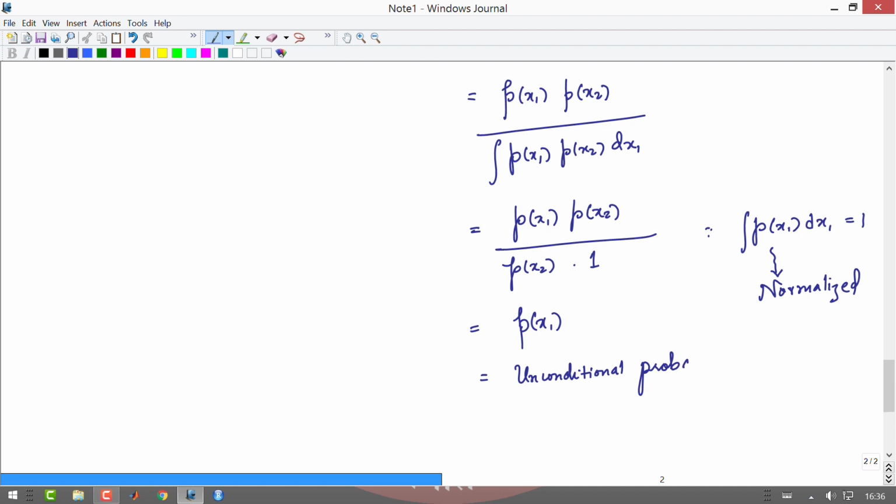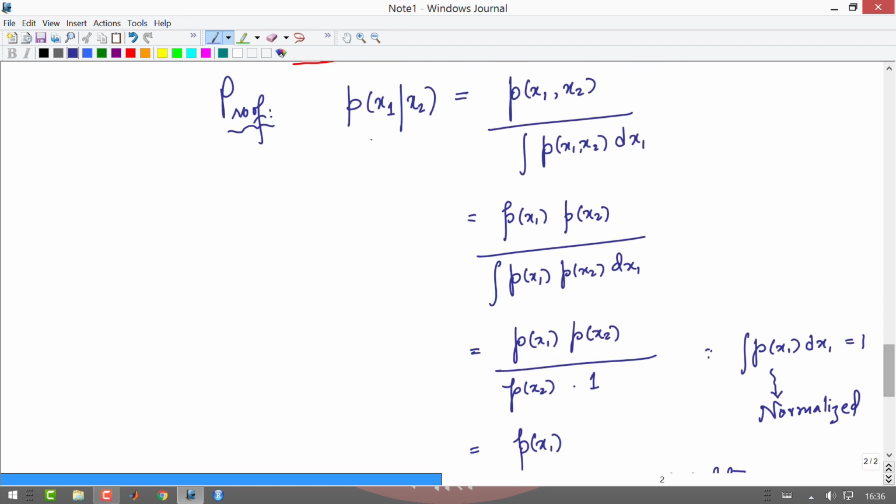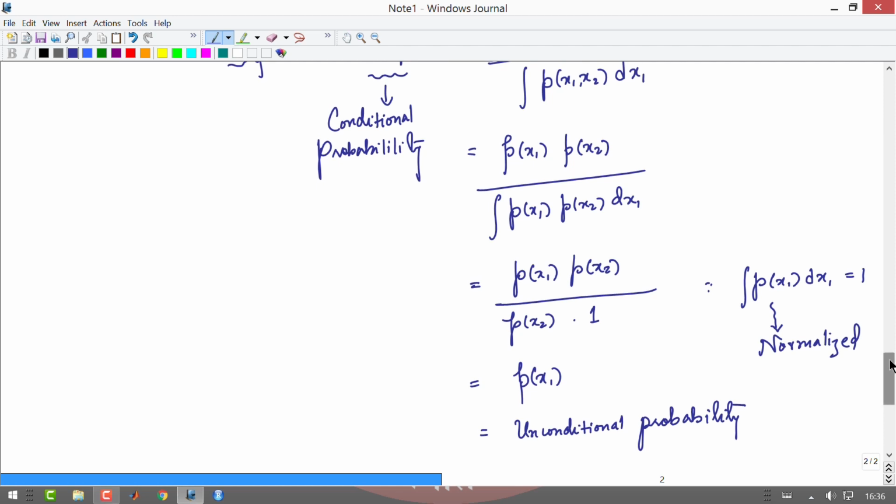And if you look at the left hand side, what you have is basically a conditional probability. So if you look at this derivation, what you have ended up proving is that if the random variables are uncorrelated, the conditional probability density becomes the same as the unconditional probability density.